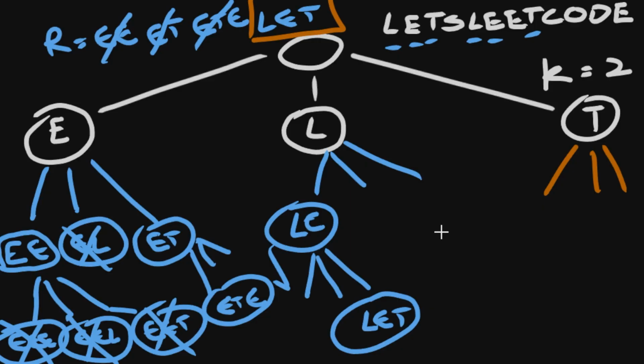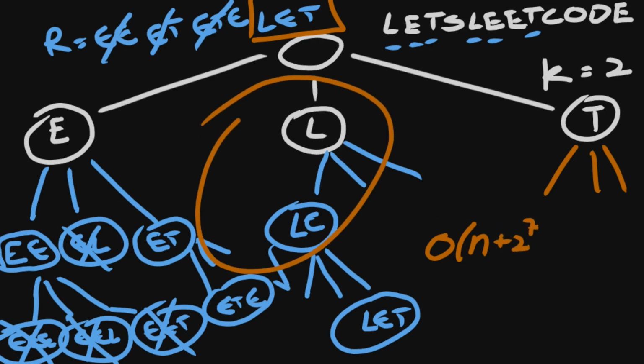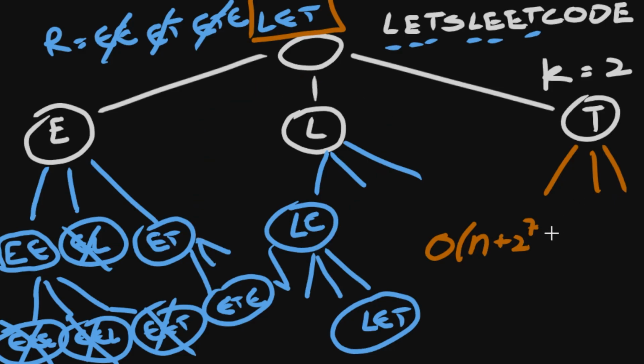Time complexity for this will be roughly big O of n to build the frequency map, plus 2 to the power of 7 to do the backtracking, the brute force, times n, which is the length of the string, times the length of the subsequence times k. We'll call this target, so this is t. And space complexity will be roughly big O of n.